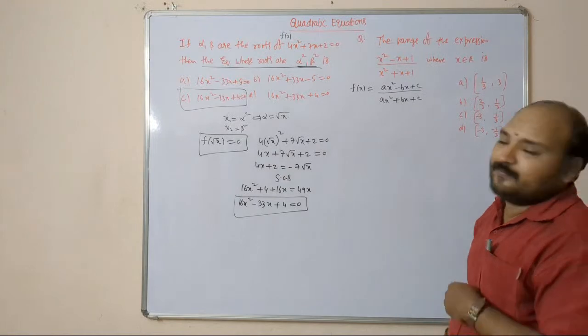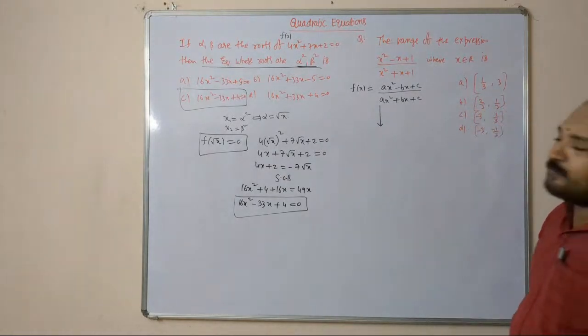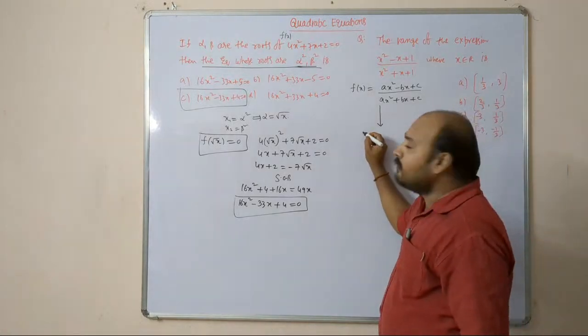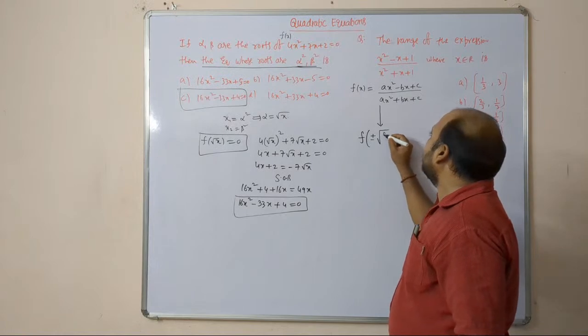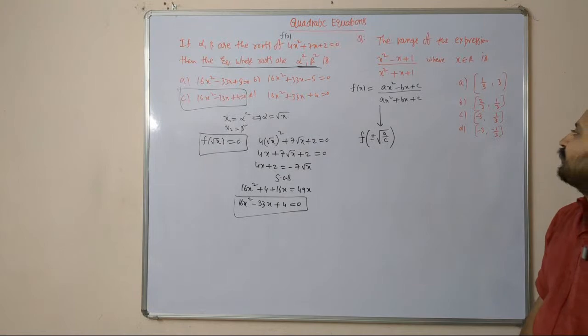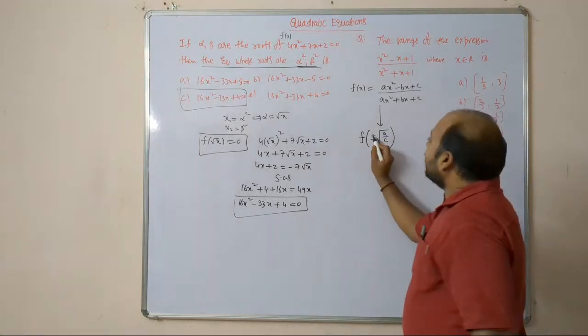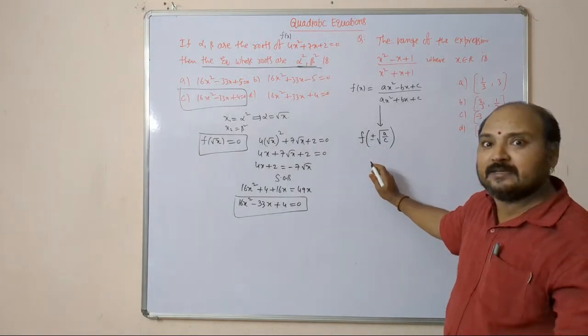Based on that, whenever the given expression is in this form, the maximum and minimum values are f of plus or minus root a by c. Keep in mind, dear students. Whenever plus is there, minimum value; minus is there, maximum value.